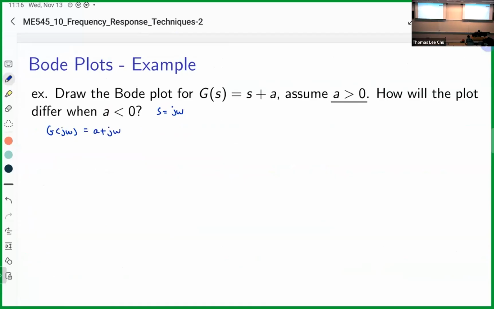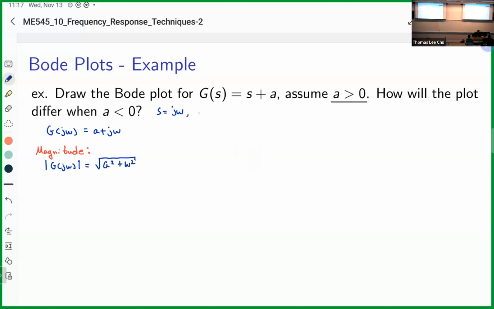I'm breaking it up into the real and imaginary parts. The magnitude of G at j omega is equal to the square root of the real part squared, which is a squared, plus the imaginary part squared, which is omega squared.